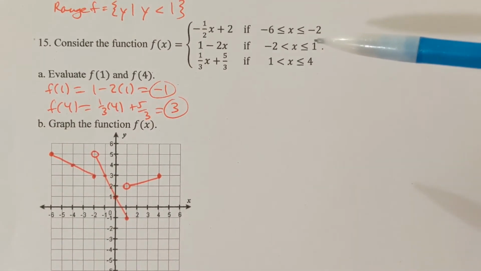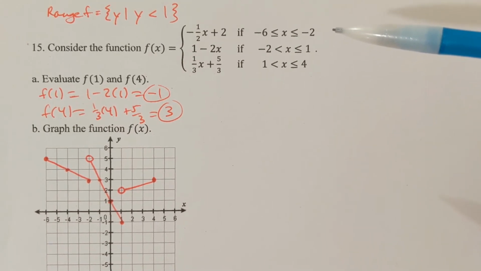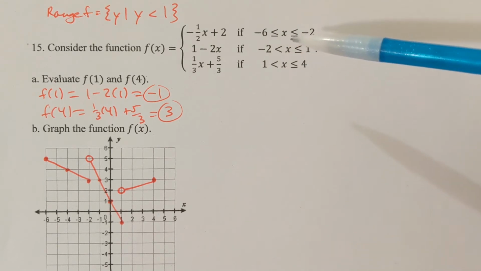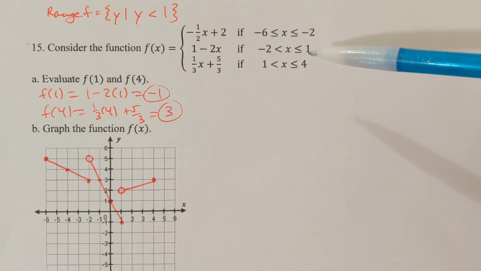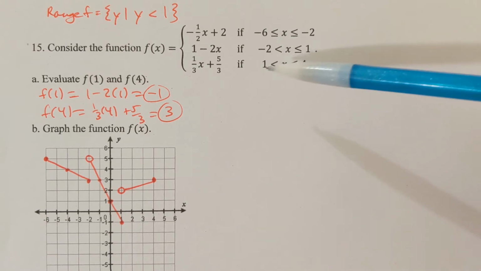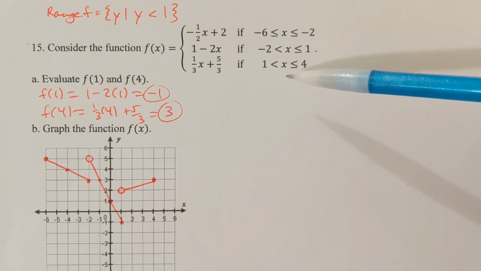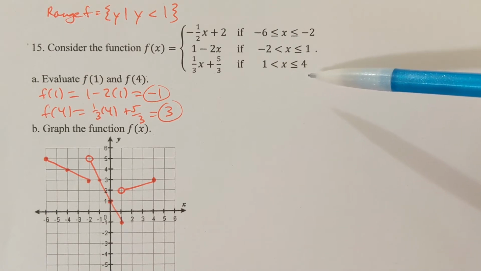Okay. Problem 15. Consider the function f of x equals negative 1/2 x plus 2 if x is between negative 6 and negative 2, including those numbers. Negative 2x plus 1 if x is between negative 2 and 1, including 1, and 1/3 x plus 5/3 if x is between 1 and 4, including 4.